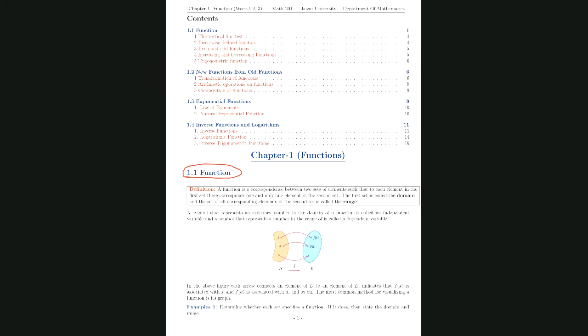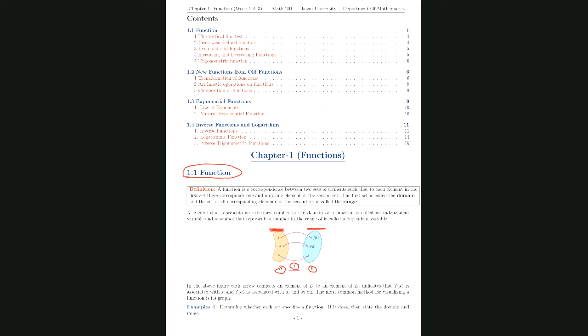Suppose you have two sets, one set D and another set E. Corresponding to each element of set D, there is only one element of set E. Then you say this f is a function.